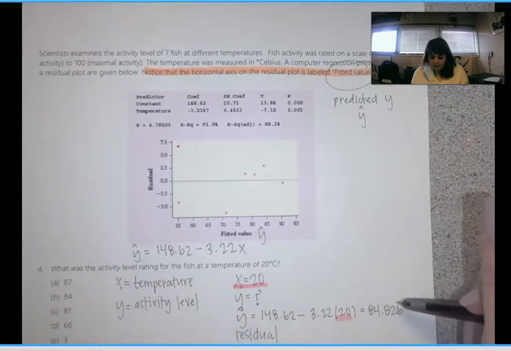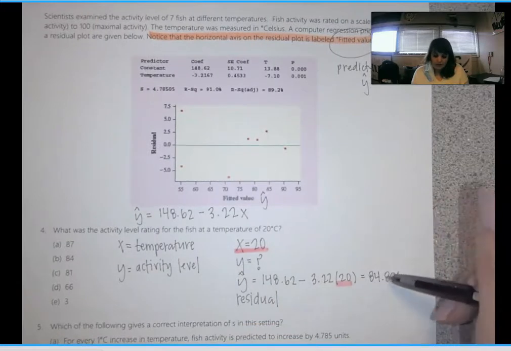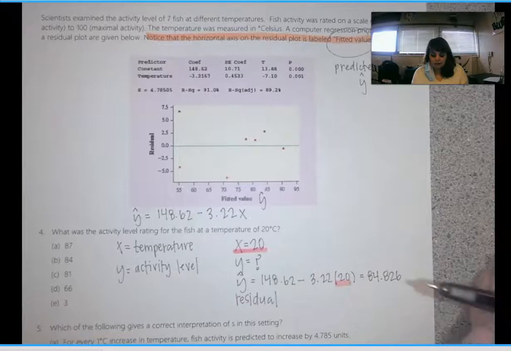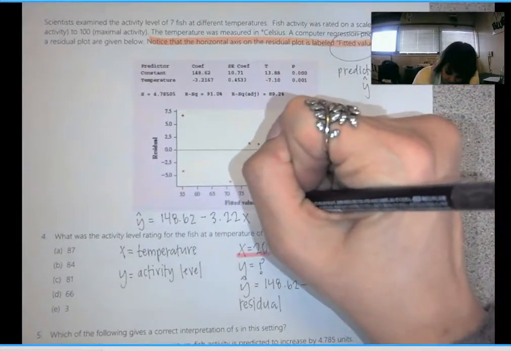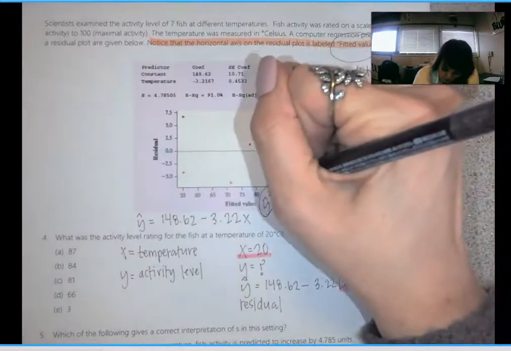We have a y hat of 84.826, so essentially 85. So we're going to come to the y hat of 85, and we're going to find its residual.